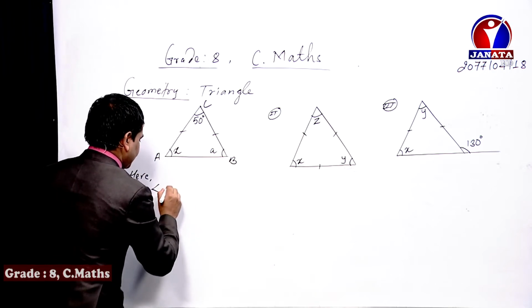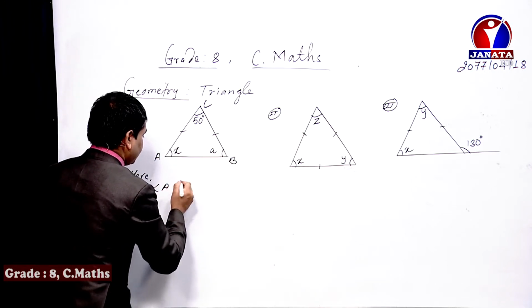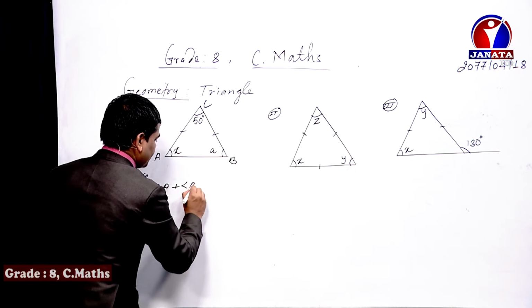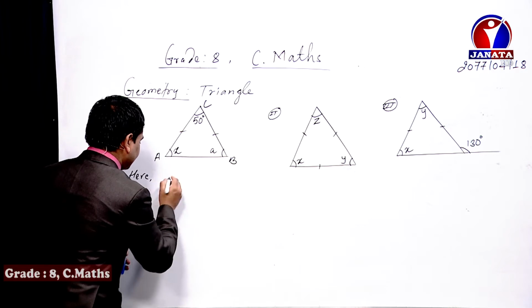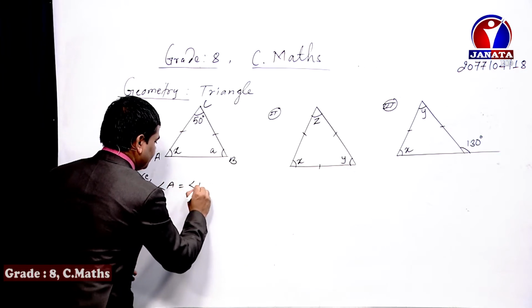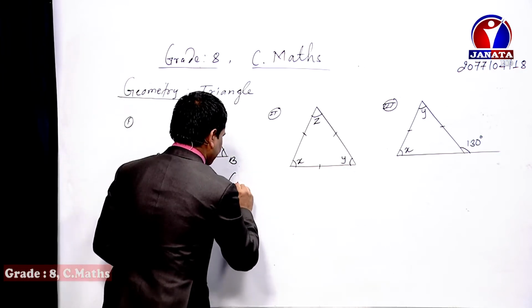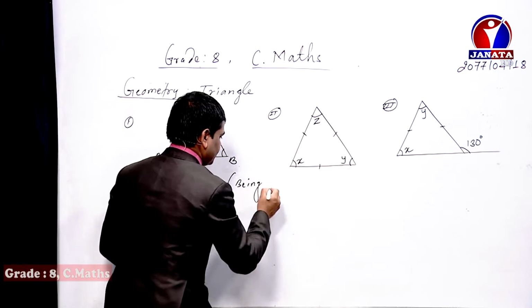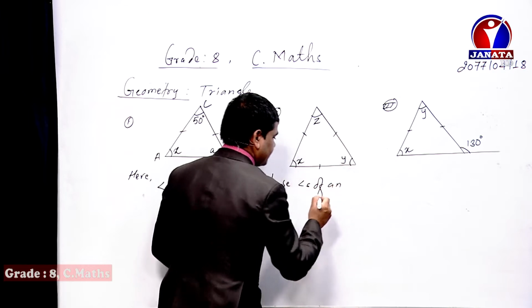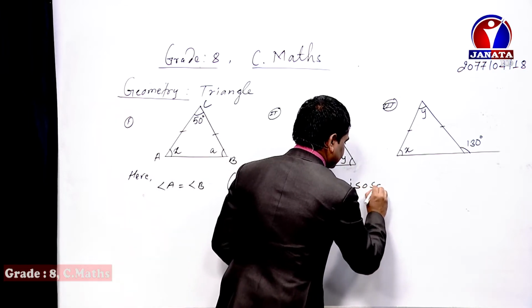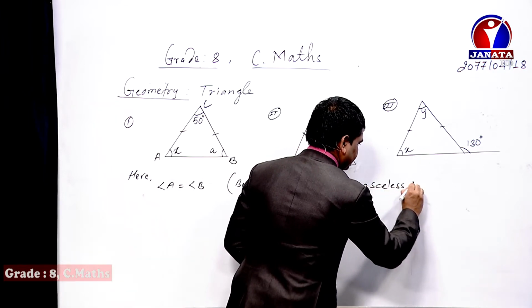First of all, let's start by making the base angles equal. Angle A equals angle B. The reason is base angles of an isosceles triangle.